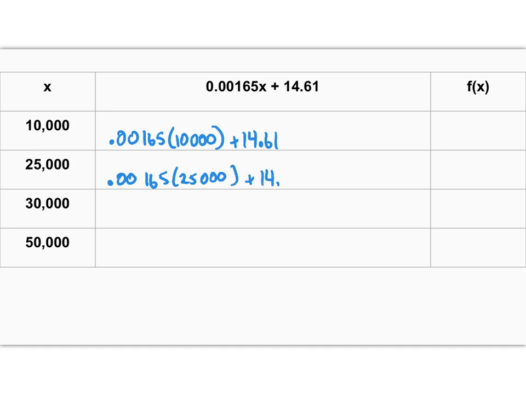So as you can see, I already had it set up in a table of values. So all you're going to do is put your 0.00165, put your 10,000 in and add 1461 to it. And then you do the same thing. Put 25,000 in it. And as you can see, the 0.00165 and the 1461 are constant.